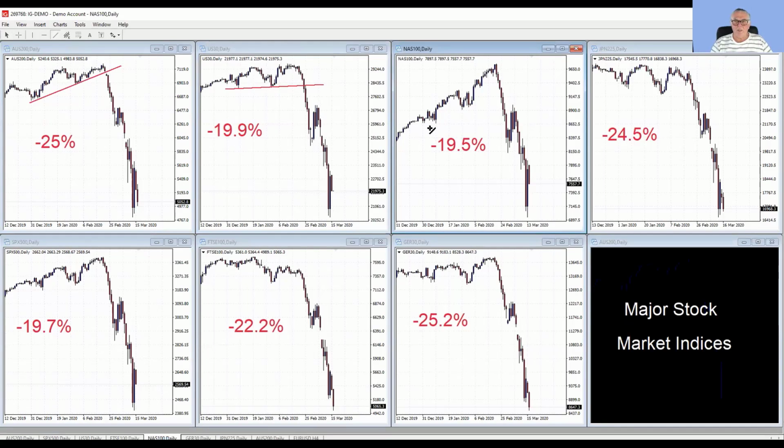So, all the warnings were there to get out. These are daily charts. So if you want a refinement, you see in there are trend lines, but you can't see them very clearly.